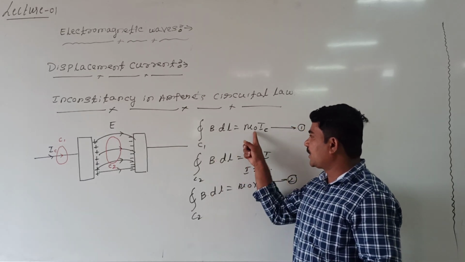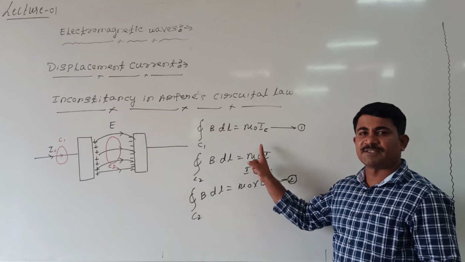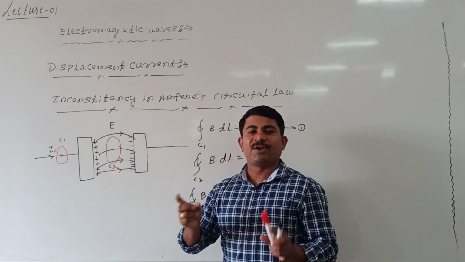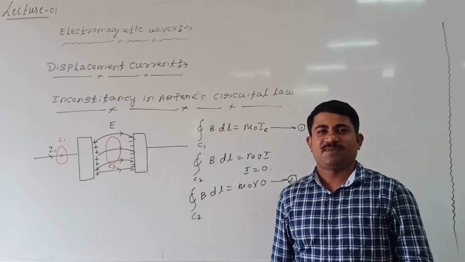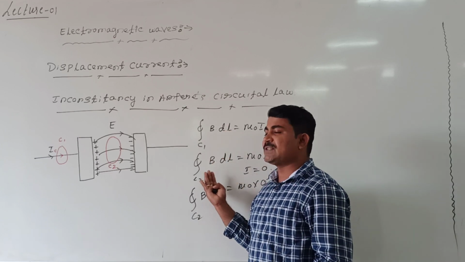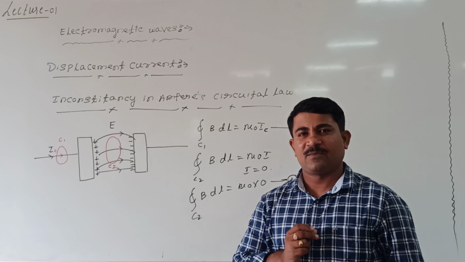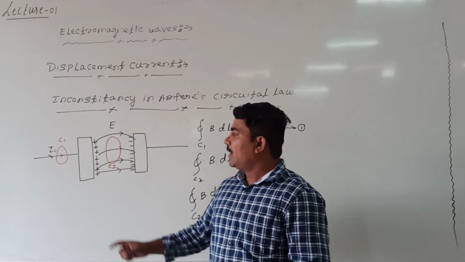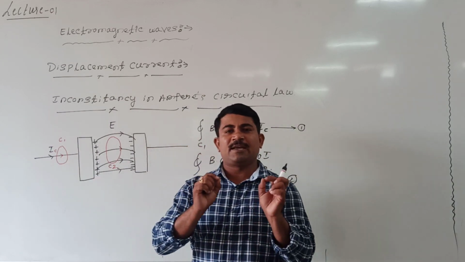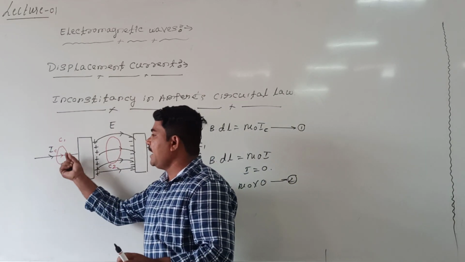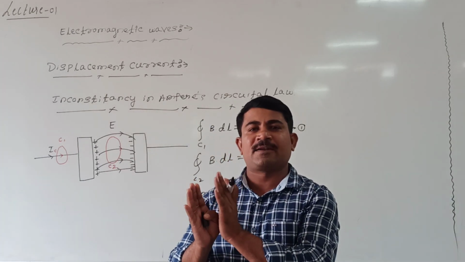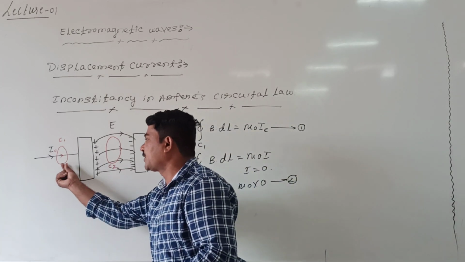The LHS are the same, but what about the RHS? The RHS are not the same. Because of what? In between the plates of the capacitor, no current can exist. So this is the inconsistency in Ampere's Circuit Law. What is the inconsistency? Ampere's Circuit Law is able to find the magnetic field produced due to conduction current.